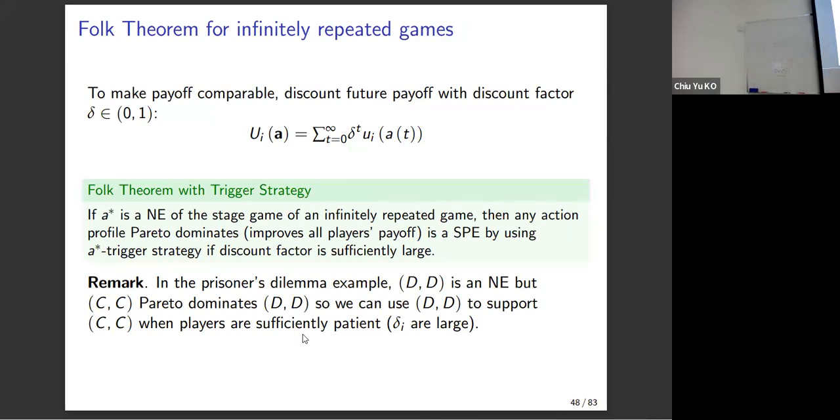So this is the main result that I think is the most useful thing here. The basic Folk theorem means if you repeat many times, okay, if I have A star, which is the outcome of the Nash equilibrium, you look at the stage game, you find the Nash equilibrium, and the Folk theorem says whatever outcome Pareto dominates this one, Pareto dominate means everyone's payoff is higher than the benchmark, can be an outcome of a subgame perfect Nash equilibrium.